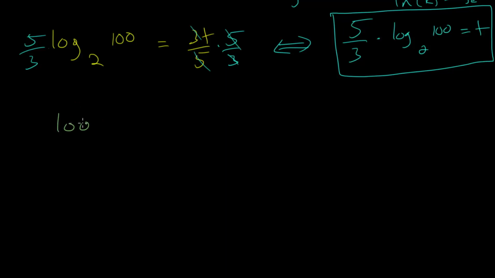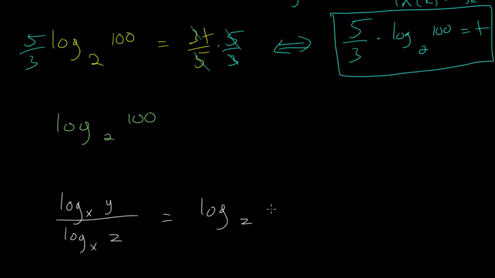Let's just look at log base 2 of 100. And we can use what's known as the change of base formula. If we have, let's say, log base x of y over log base x of z, we can rewrite this as log base z of y. And in fact, we're starting with the right-hand side.